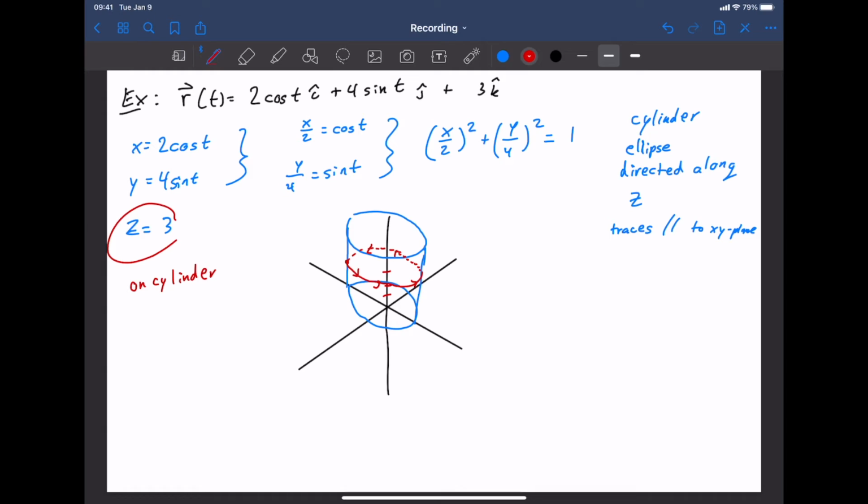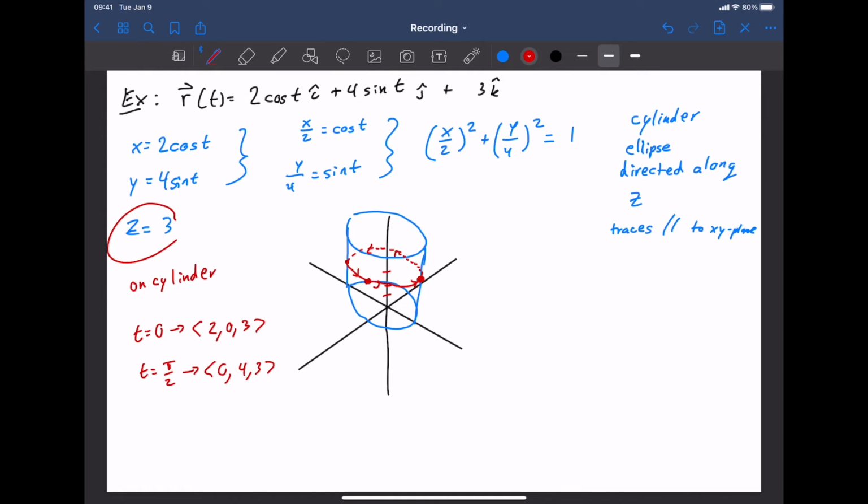If it helps you, you could graph some points. T equals 0. What do you got? You got 2, 0, 3. T equals, you don't want to use 1 for trig. We want to use something like pi over 2. You'd have 0, 4, 3. So we're talking about this point at 0, this point at pi over 2, and that's how we're going to get this orientation.